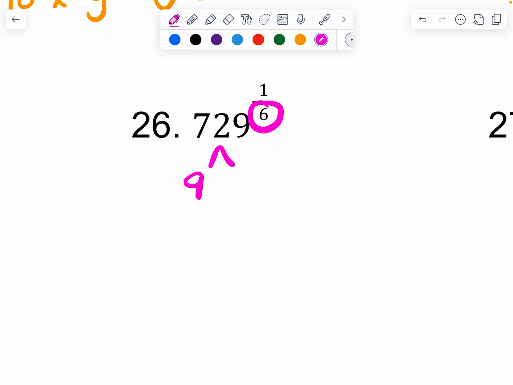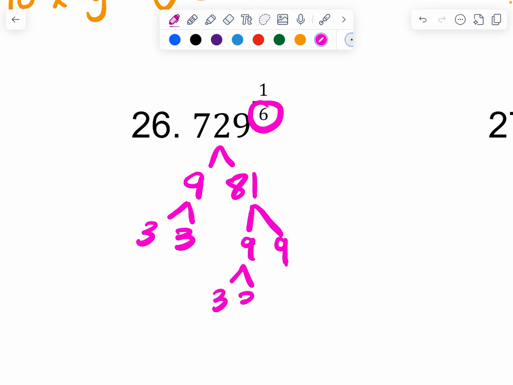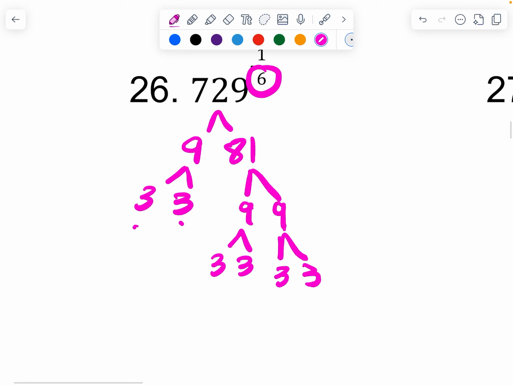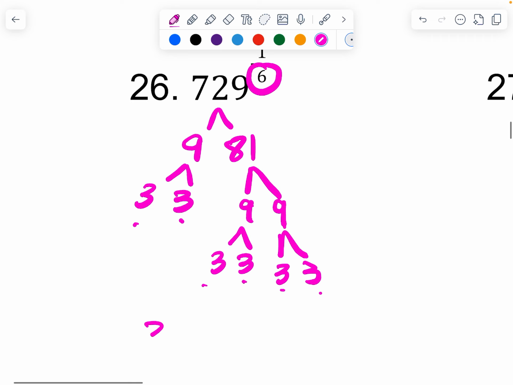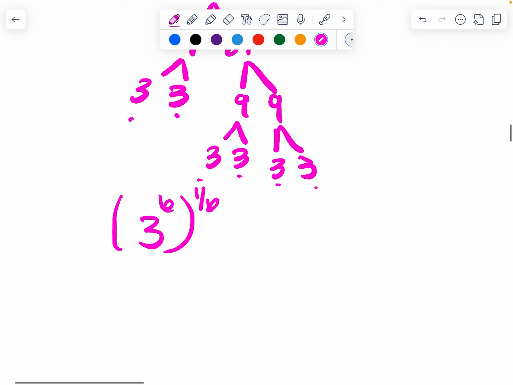Let's start at 9. 729 divided by 9, I think, is 81. And then I have 3 and 3 here. Then I have 9 and 9 here. 3 and 3, 3 and 3. So how many 3s are there? 1, 2, 3, 4, 5, 6. So 3 to the 6th raised to the 1/6 would get you just plain old 3.